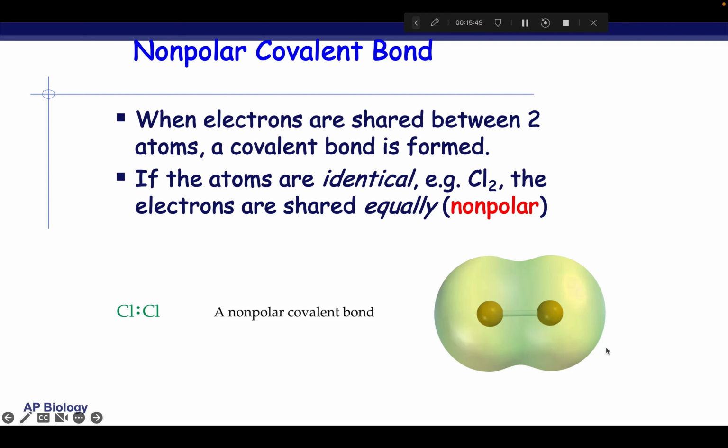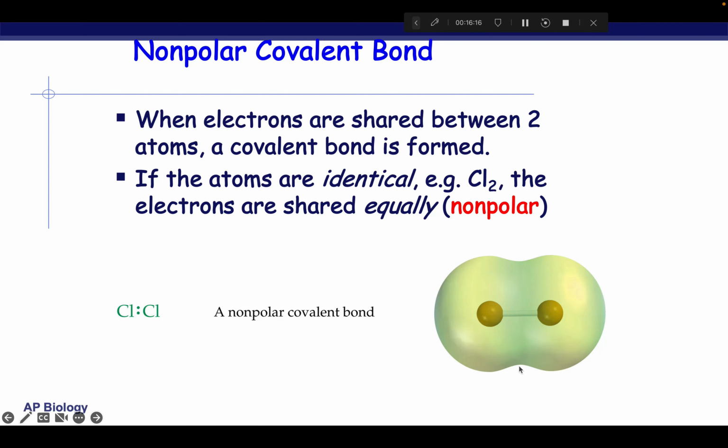Chlorine gas molecule, two chlorine atoms covalently bonded together. And since those two atoms are equally able to attract electrons, they're equal in electronegativity, one of them isn't pulling on the electrons more strongly than the other, we call this molecule nonpolar.